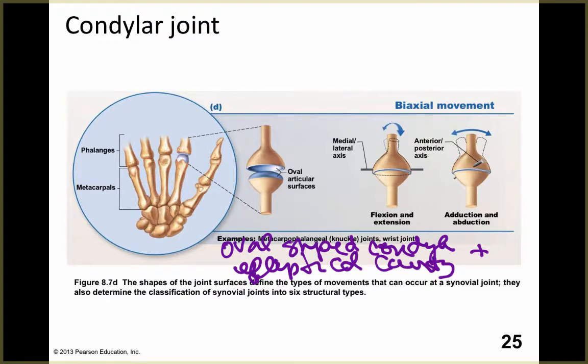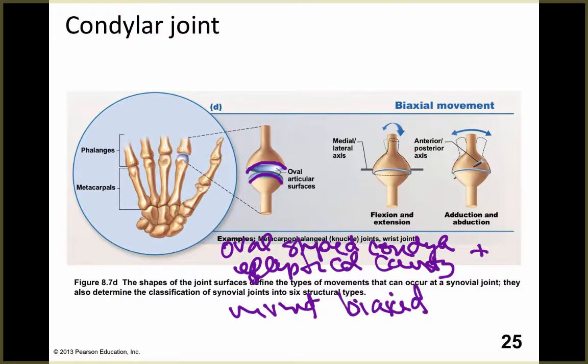It shows it right here. You get this part that comes in like a big bowl on one side, and then something can fit into that bowl. And so on here, the movement that you see is biaxial.